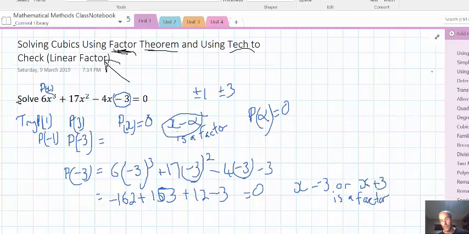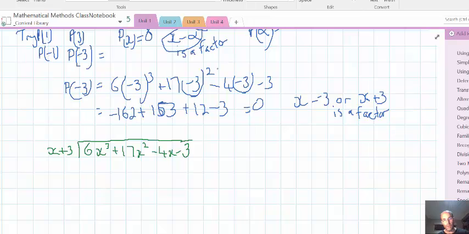Now we use polynomial division. Since x plus 3 is a factor, we will have to get a remainder equal to 0. Something has gone wrong if that doesn't happen, and you might have to go back, double check that it is a factor and try something else.